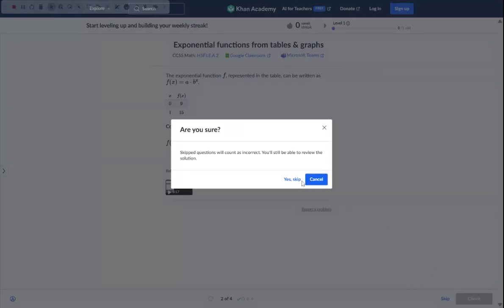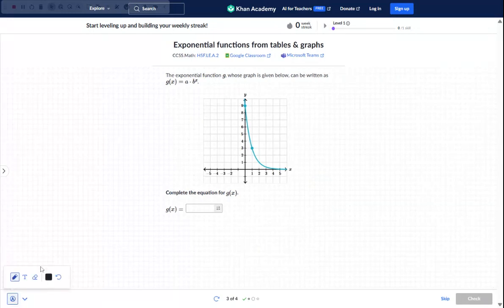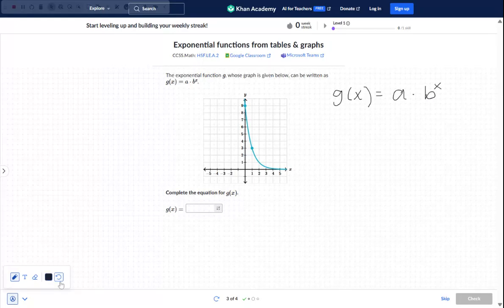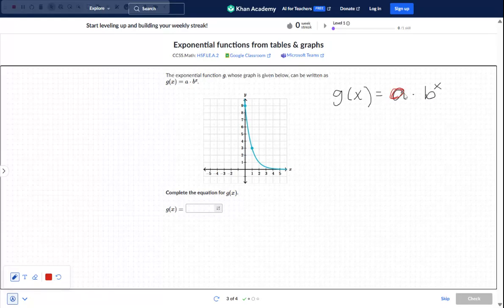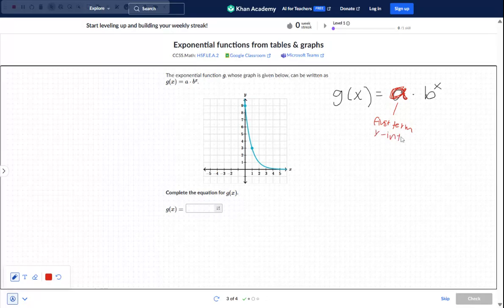I want to do one with a graph. So let me jump here. All right, let's see what this looks like when we're given a graph. Again, our goal is to write out this equation, same idea as before: a times b to the power of x, same stuff. We know that a is going to be the very first term in the sequence, aka our y-intercept.